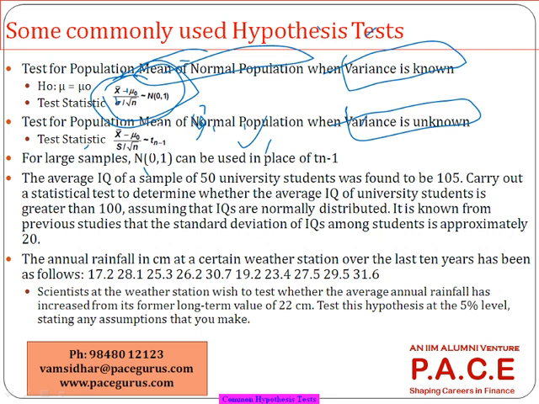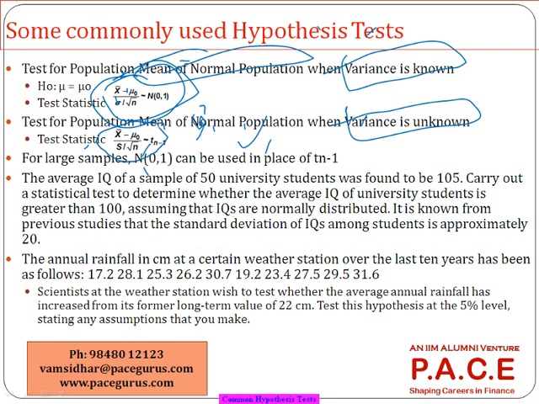And in case the population standard deviation is not known and I have to test for the population mean, because we don't know sigma, we are taking S, which is nothing but the standard deviation computed from the sample. We'll compute the standard deviation from the sample and then use it for our population mean testing process.